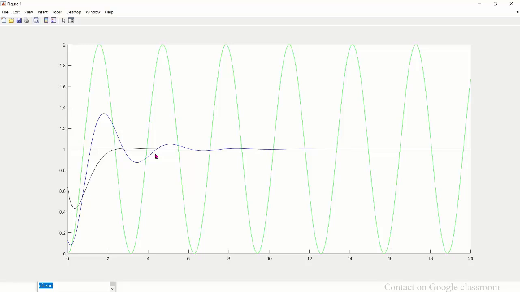And moreover, apart from the response being slow for higher values of zeta, we see that for smaller values of zeta, there are overshoots and undershoots. Since you provided the system with an input R, which was taken as 1 as a step input, now this is the output response for zeta taken as 2.